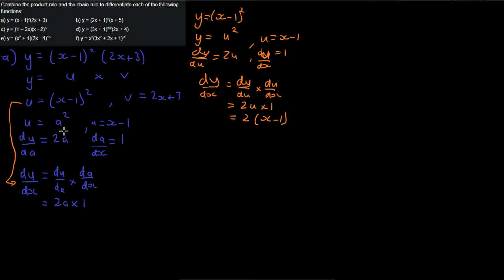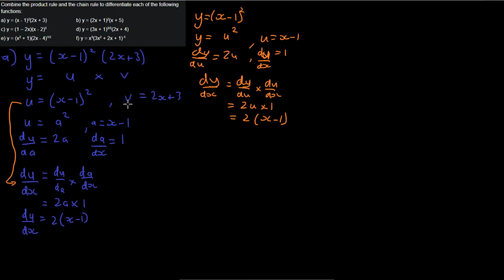You're going to run into trouble there. So we've just used the letter a because it's a letter that we haven't used yet. You could have used b, c, d, e, f, whatever, as long as you're not using something that's already been used in the question. So du/dx, let's sub in what a is. a is x minus 1. Now, we won't expand that, we'll just leave it as it is for now.